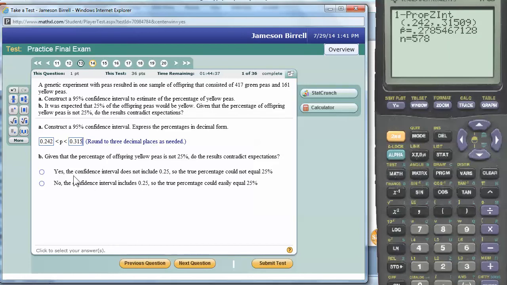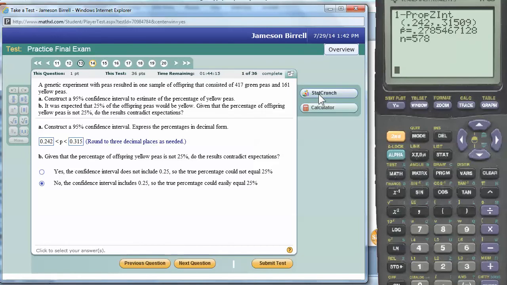So let's see. Yes, the confidence interval does not include 25%, so the true proportion could not be. No, I would say no. The confidence interval includes 25%, so the true percentage could easily be 25%. So I would go with that.